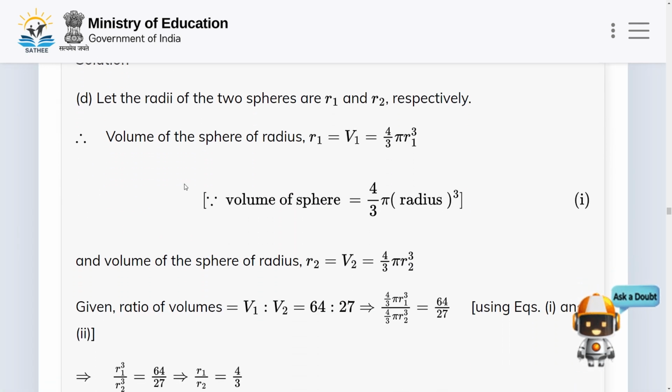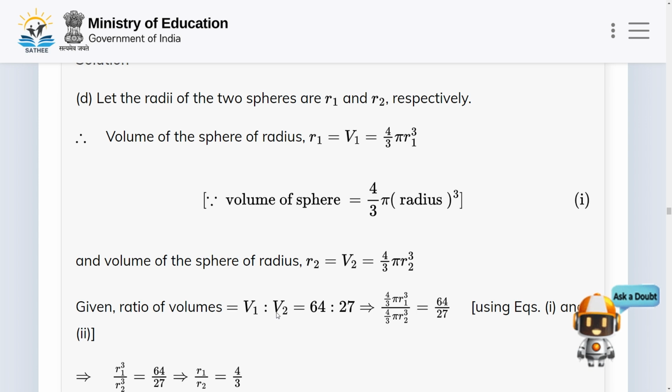Let the radii of the two spheres be r1 and r2 respectively. The volume of the sphere of radius r1, v1, is equal to 4/3 pi r1 cube, since the volume of a sphere is 4/3 pi radius cube, and the volume of the sphere of radius r2, v2, is equal to 4/3 pi r2 cube.